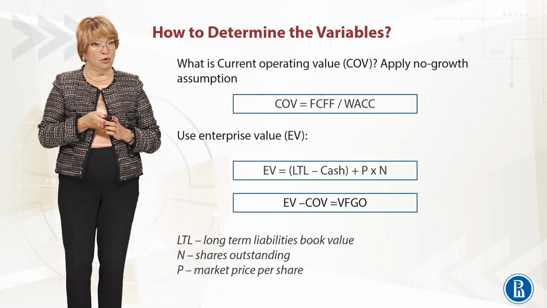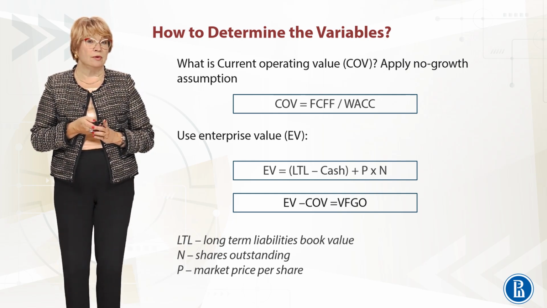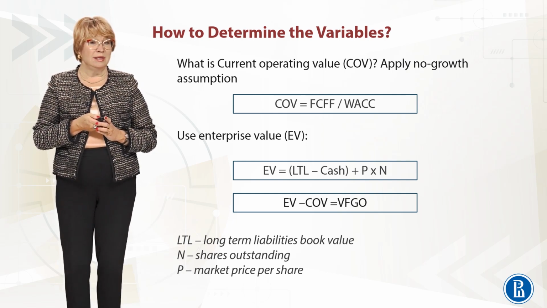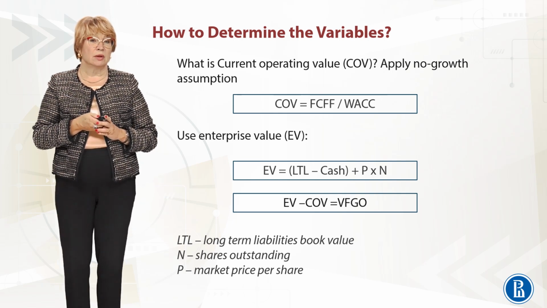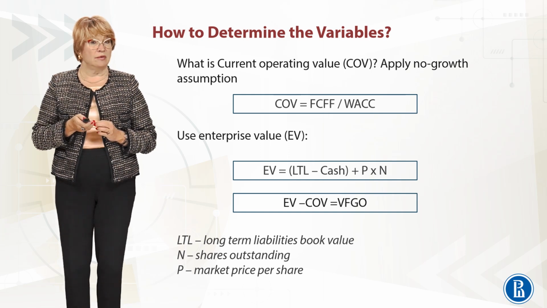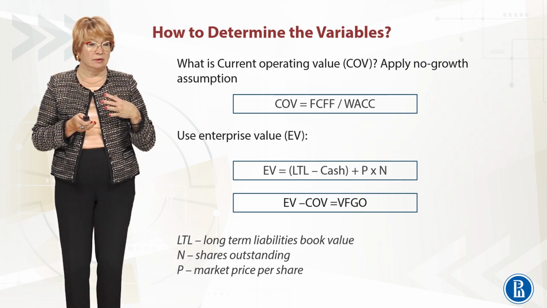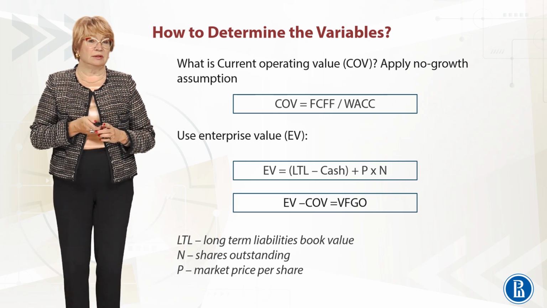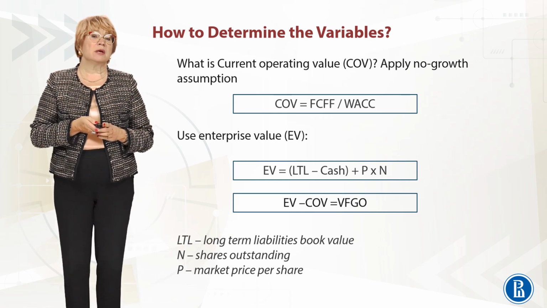How are we going first to compute the current operating value, COV? We need to apply the assumption of no growth. So as I already mentioned, current operating value means you have some particular asset structure, particular technological level and productivity level of your assets, which are already providing you free cash flow.